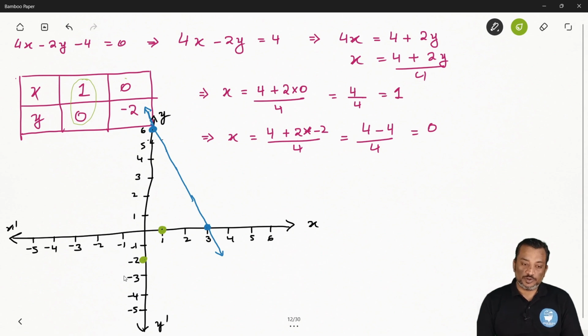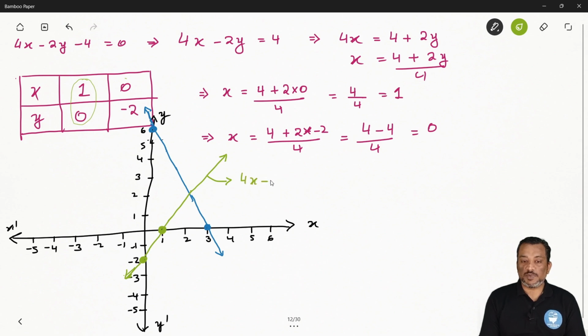Now we can draw them. So join them carefully. You can draw like this, and they will touch this way. So this one, a line is for which equation? 4x minus 2y is equal to 4.